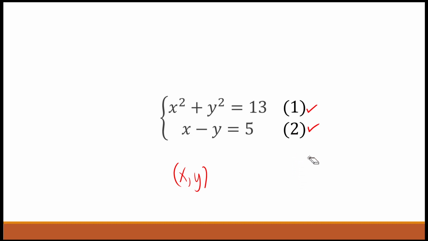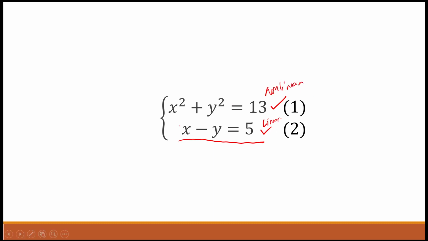Okay, just to clarify, pag sinabi mong system of nonlinear equations, pwede pa rin siyang magkaroon ng linear. Kagaya nito, itong x minus y equals 5, linear siya. Okay, however, meron siyang kasamang nonlinear. So kahit meron tayong linear dito, kung meron tayong kasamang nonlinear, it is still regarded as a system of nonlinear equations.